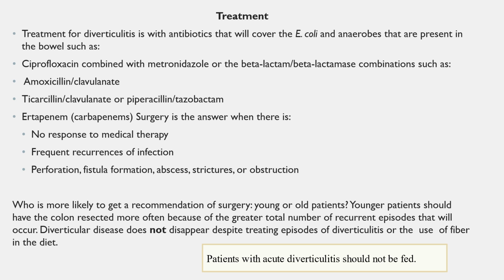The treatment for diverticulitis is with antibiotics, which cover E. coli and anaerobes present in the bowel, such as Cipro, ciprofloxacin combined with metronidazole, or beta-lactam, beta-lactamase combinations such as Augmentin or amoxicillin clavulanate, ticarcillin clavulanate, and or piperacillin tazobactam, also carbapenem or ertapenem.